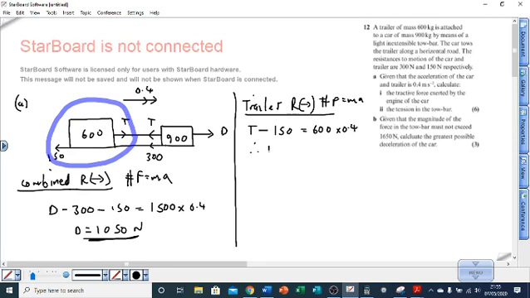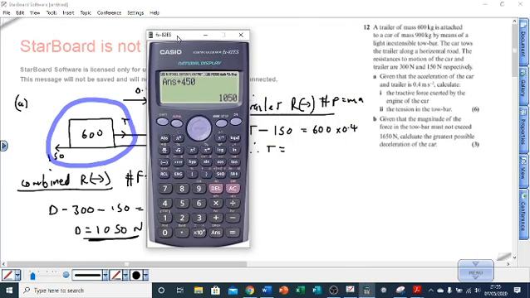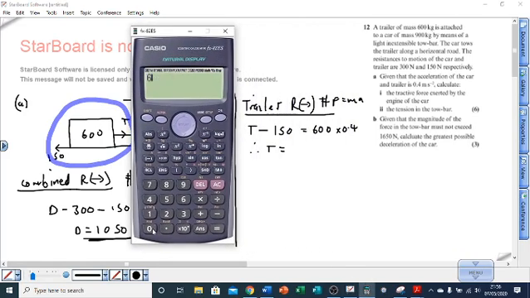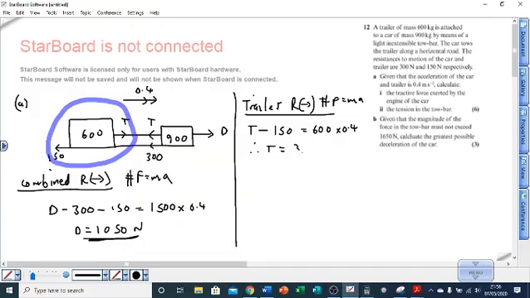So therefore tension is 600 times 0.4 plus 150, and we get 390 newtons, and it's already 3 sig figs, so that's good.